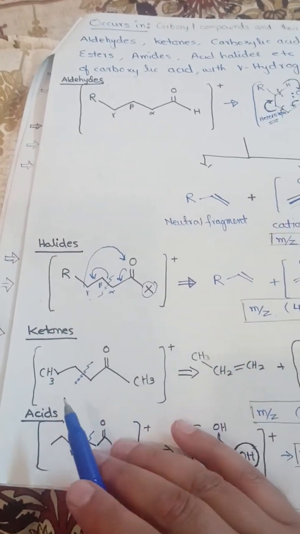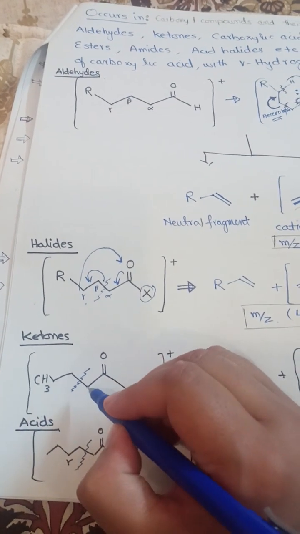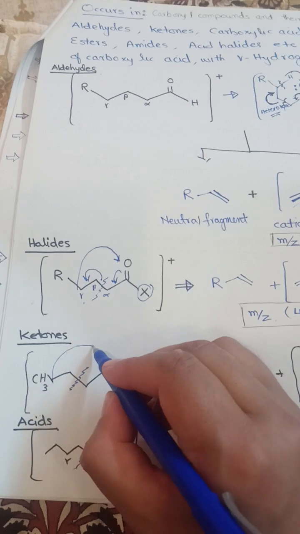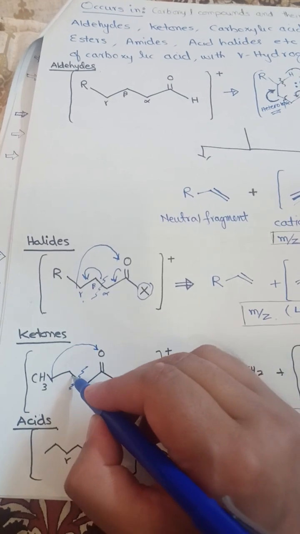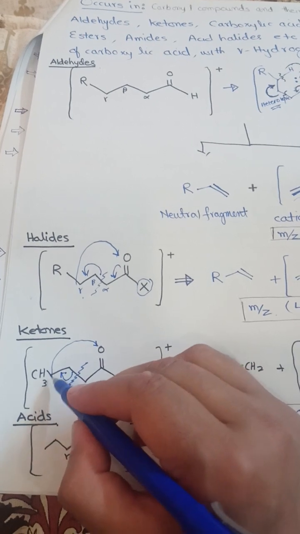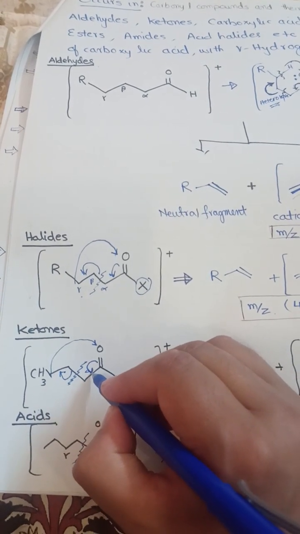In ketones, again, we have alpha, beta, and this is our gamma. So this gamma hydrogen will be shifted here, and this bond will be shifted here. Due to this we will get a double bond here, and this carbonyl bond will be shifted here.